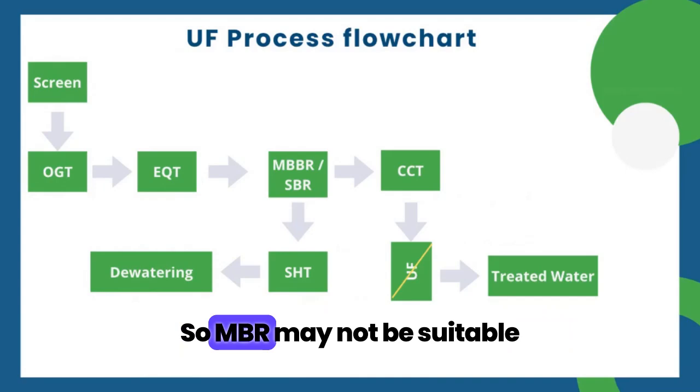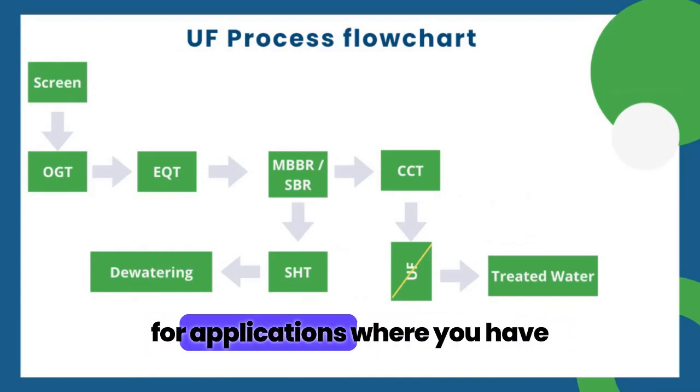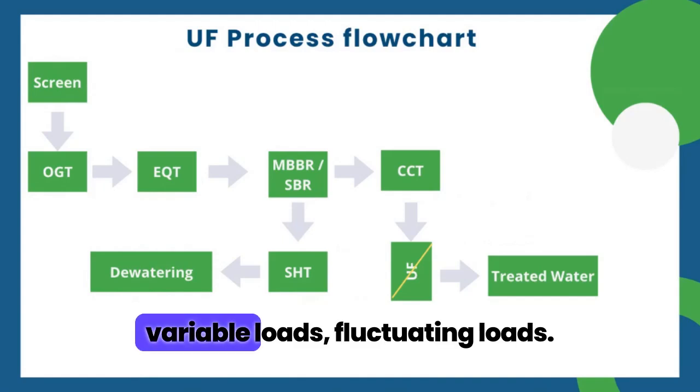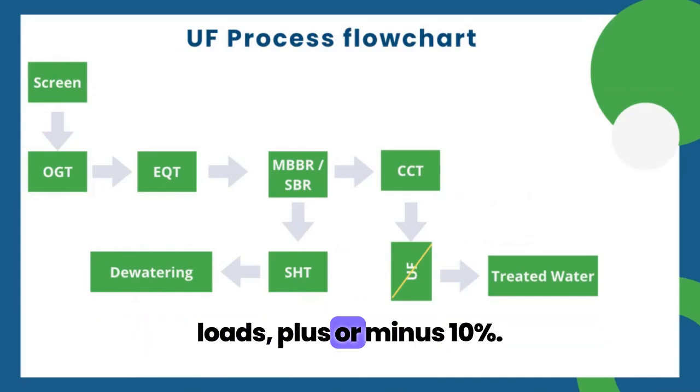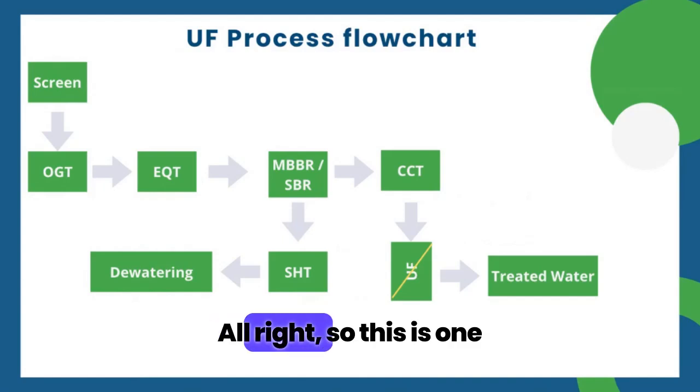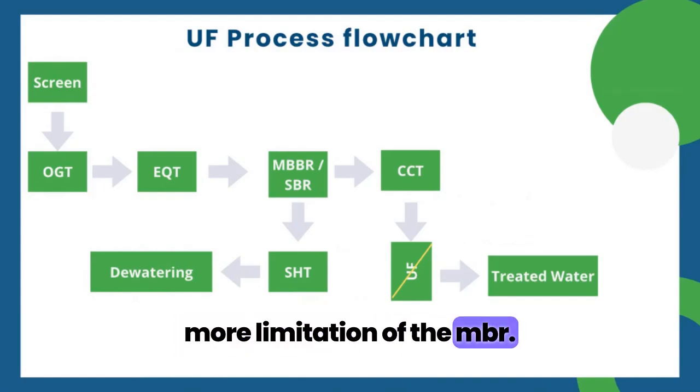So MBR may not be suitable for applications where you have variable loads, fluctuating loads. It is more amenable for processes where there are constant loads, plus or minus 10%. All right. So this is one more limitation of the MBR.